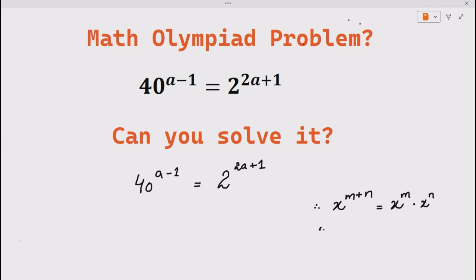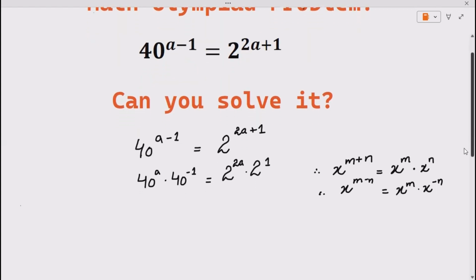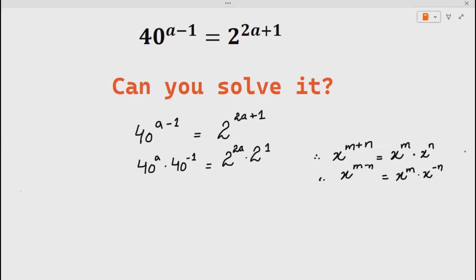Also, this identity says if we have x^(m-n), we can write it as x^m times x^(-n). So here I can write 14^a into 14^(-1) equals 2 raised to the power 2a into 2 raised to the power 1. So I separated these things using these identities.